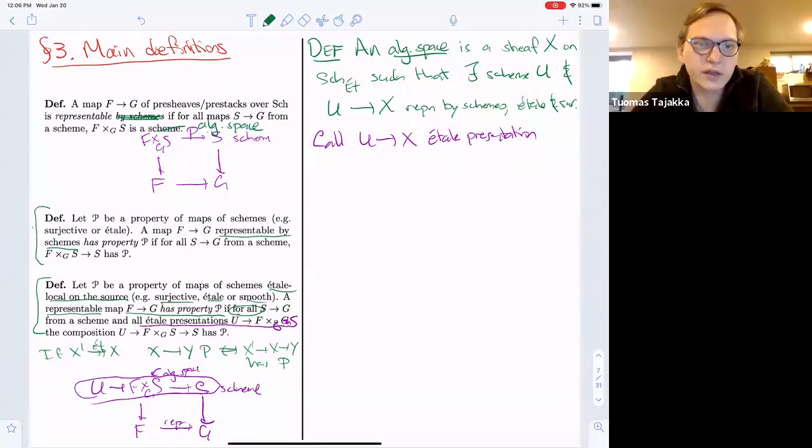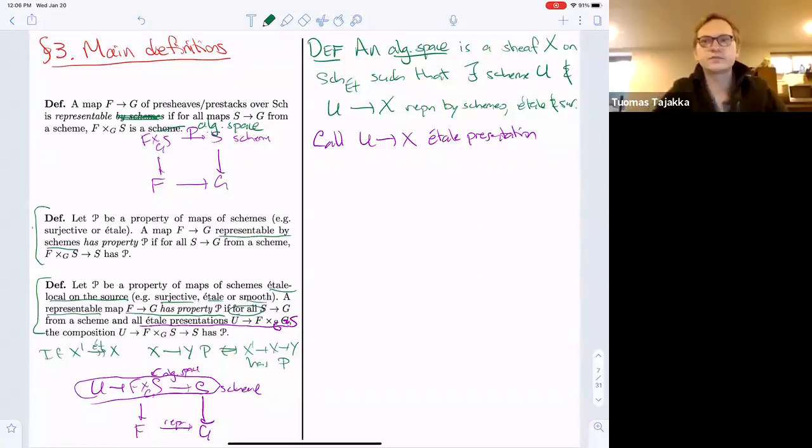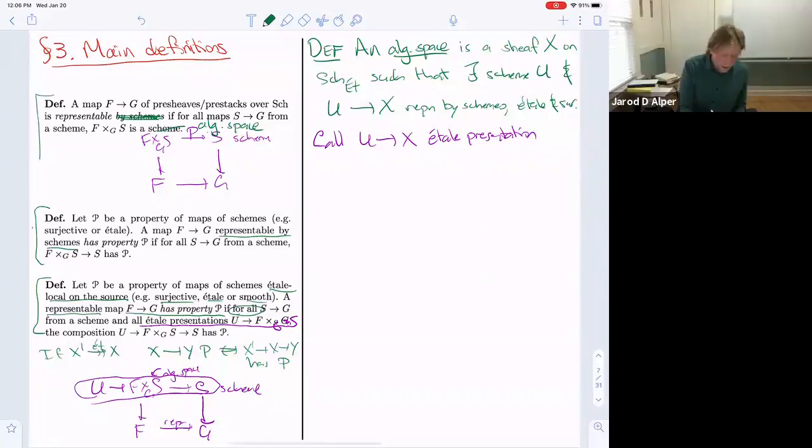By representable, you mean that the fiber product is an algebraic space? Yes. Oh, gotcha. Yeah, that's what I was trying to quickly define here. Maybe I should have just added that as a new definition too. So really, I have 4 definitions here.